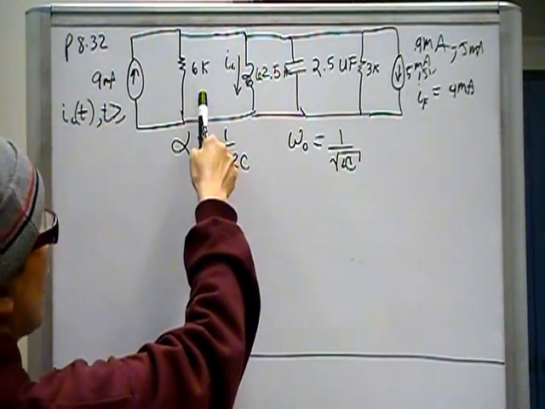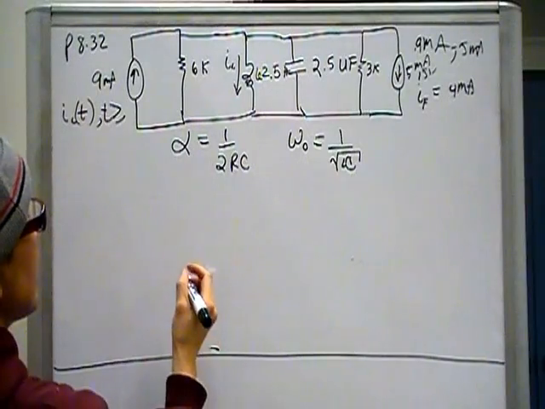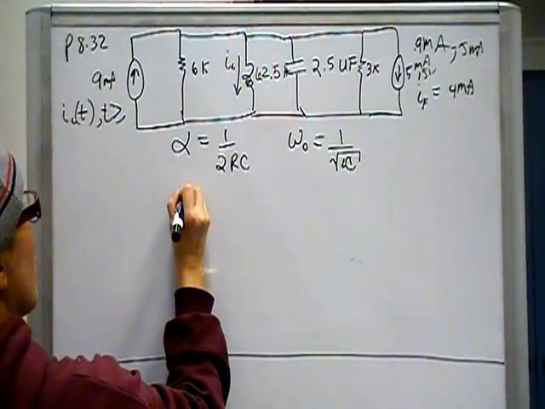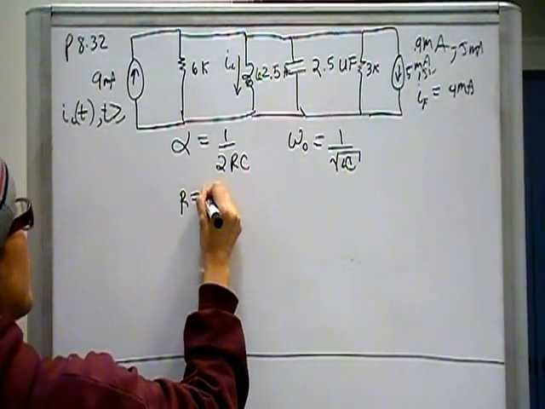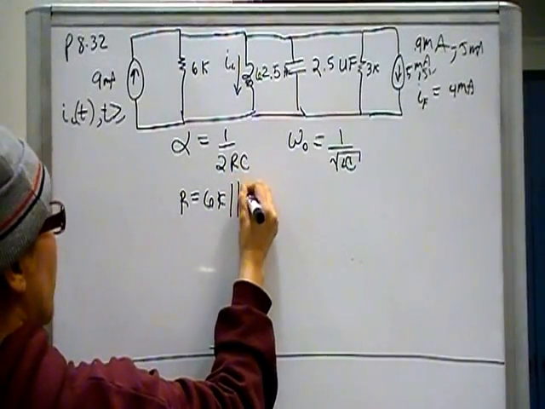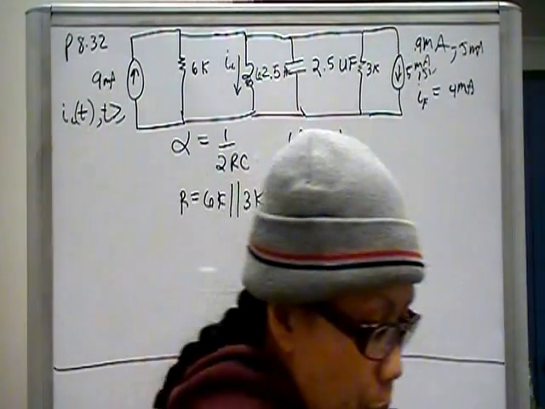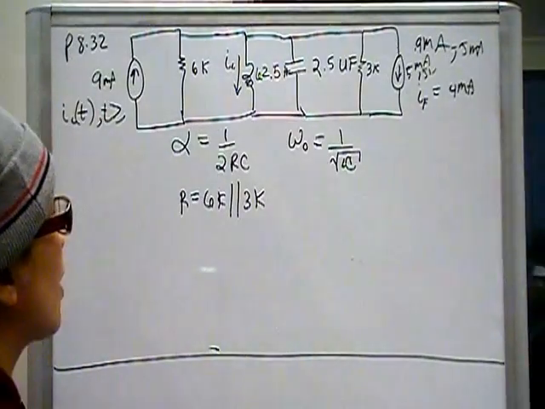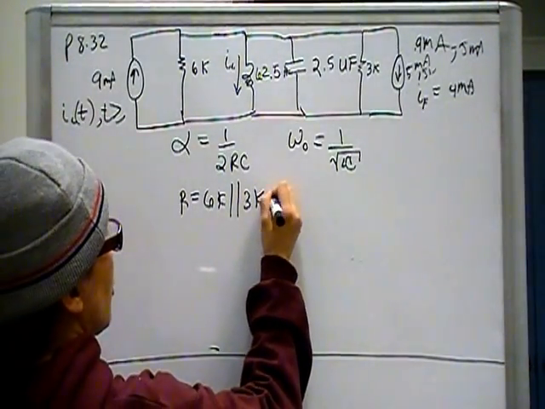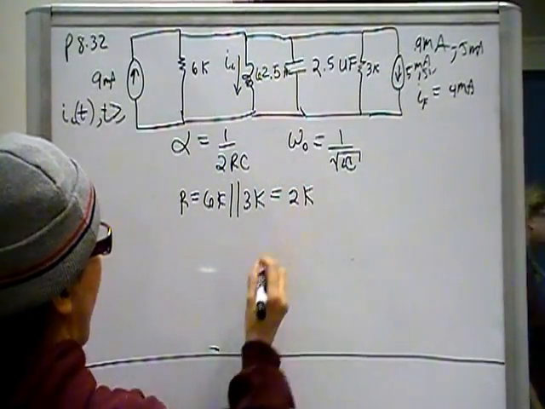And that's going to be 3K in parallel with 6K. So R is actually 6K in parallel with 3K. When you put that into your calculator, you should come up with a value of R as 2K.